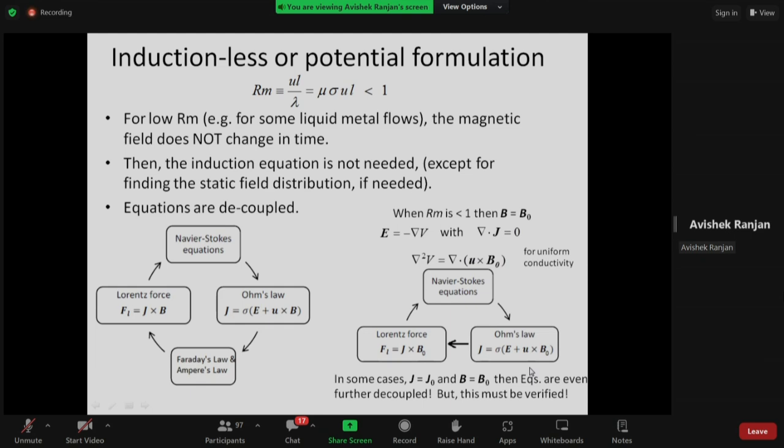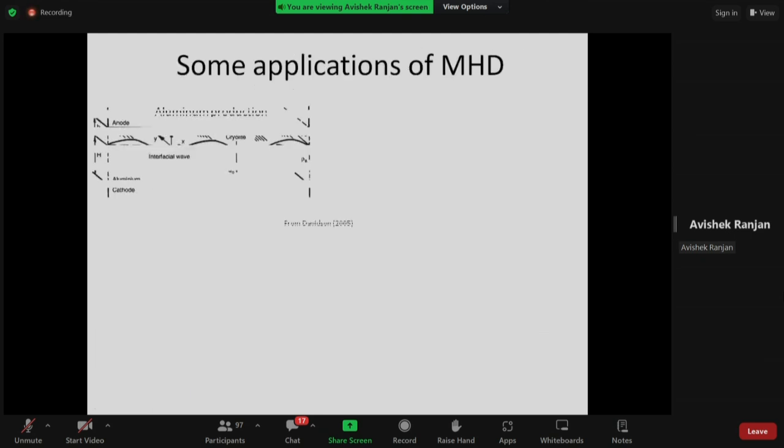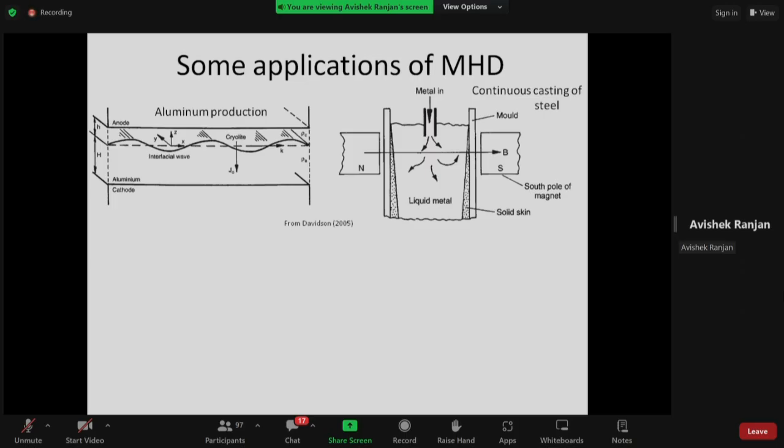That assumption is useful in many applications, but in some engineering applications it is not. Let me tell you one example: the continuous casting of steel. Here also the length scales are very, very large. This is liquid steel, and this is an interface, and there's a magnetic field applied, which essentially dampens the motion of the molten metal coming in.